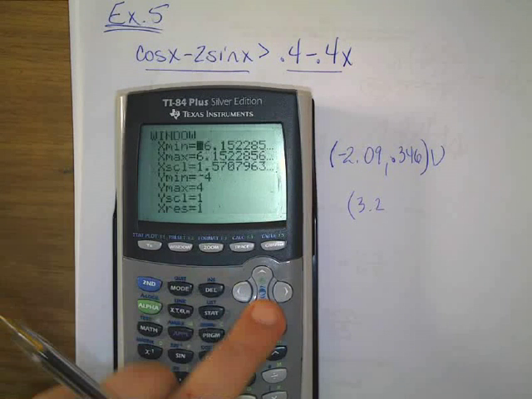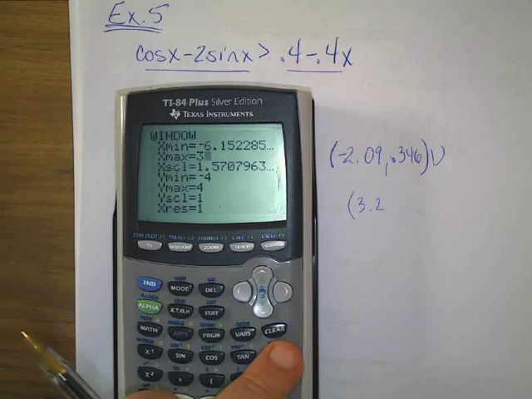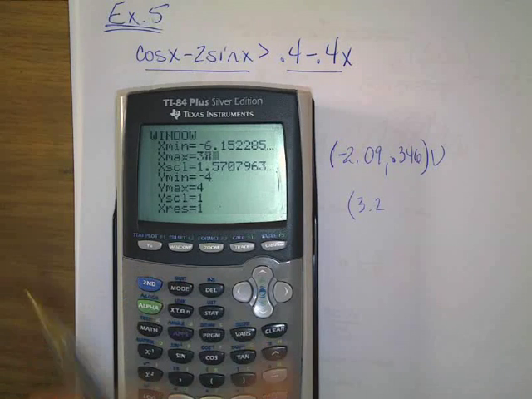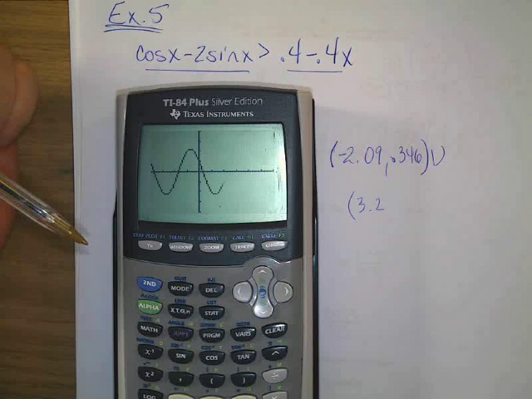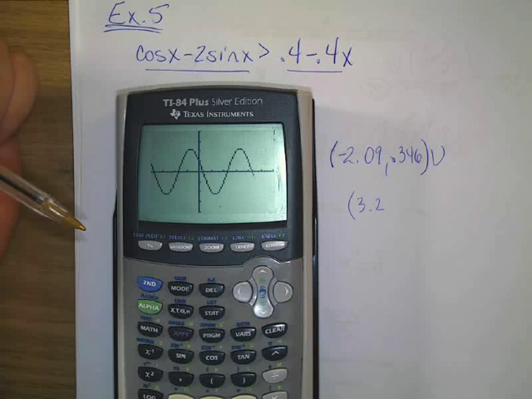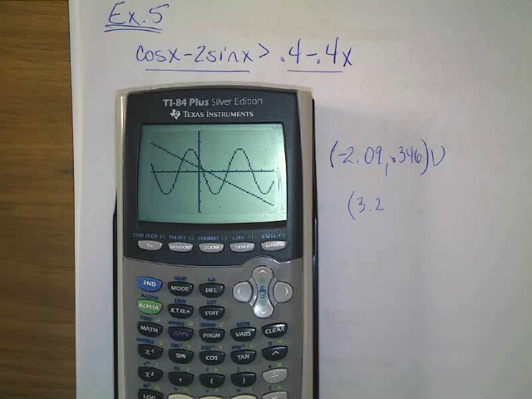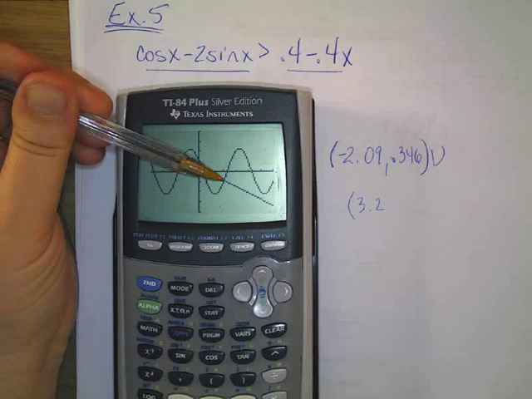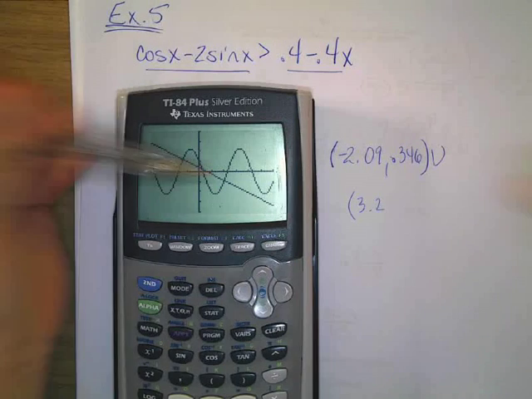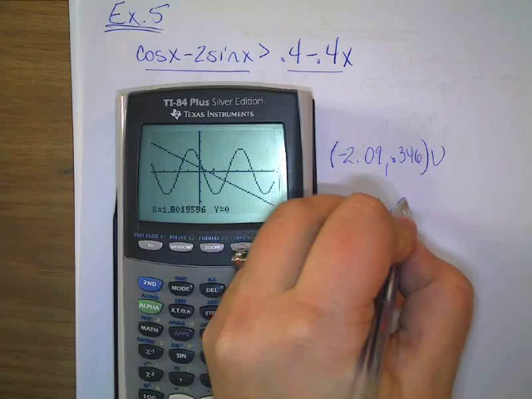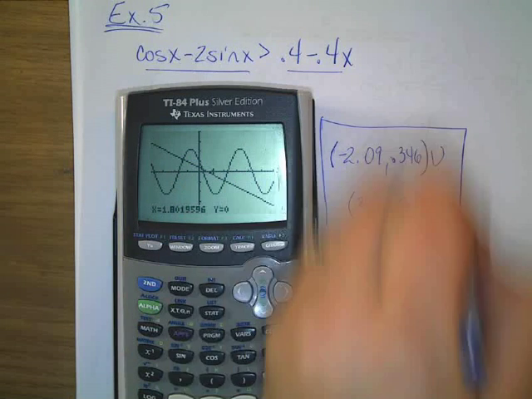So for our window, let's bump that out to 3 pi. I hope it doesn't cross, because then we got to find another point. There it goes. And it doesn't cross again. So after this point, our curve is always going to be greater than our line. So go to infinity. That's your answer.